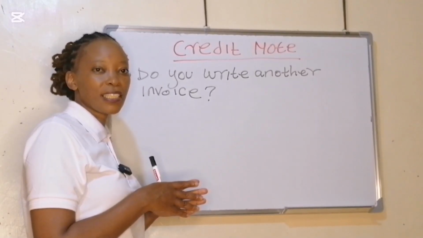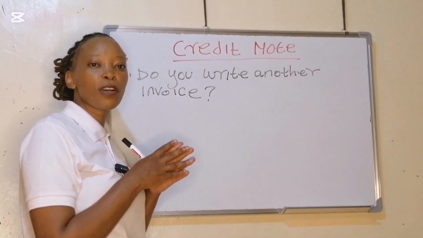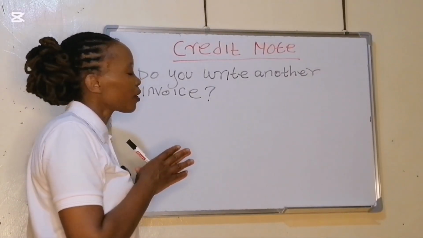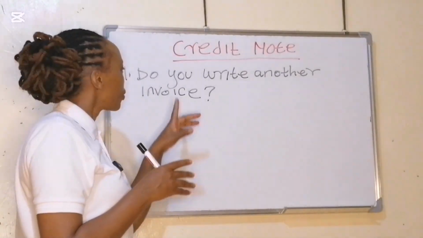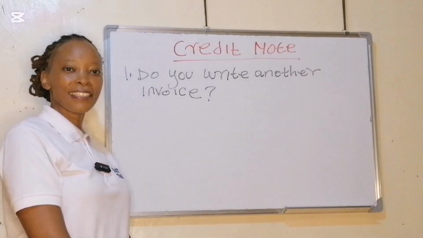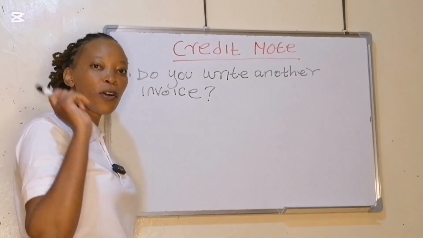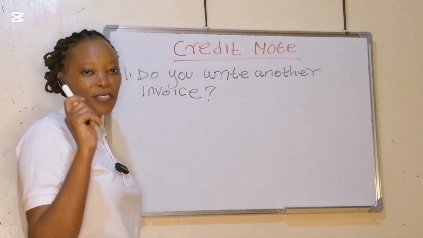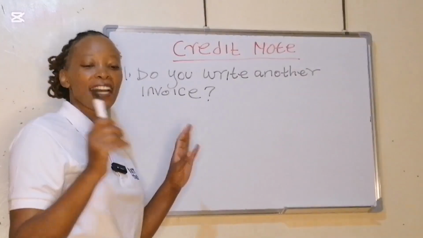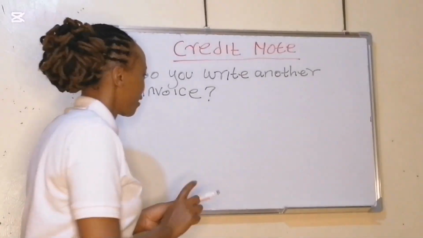What do you do now? Do you write another invoice? Most people write another invoice, which is very wrong. Never write another invoice. This is not the right accounting procedure.